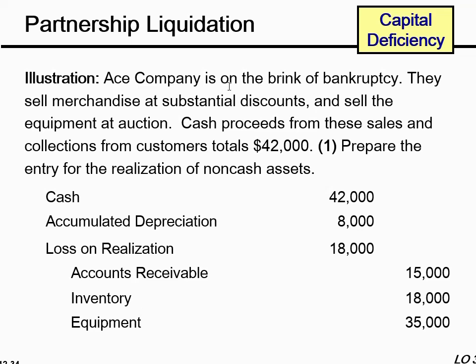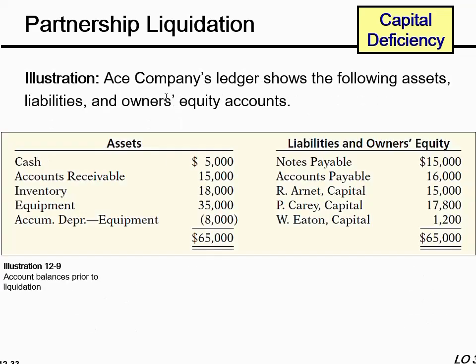The company is on the brink of bankruptcy. They sell merchandise at substantial discounts and sell the equipment at auction. Cash proceeds from these sales and collections from the customers total 42,000. So they say that they sell their merchandise, which is inventory, at a very poor rate. What is inventory? 18,000.